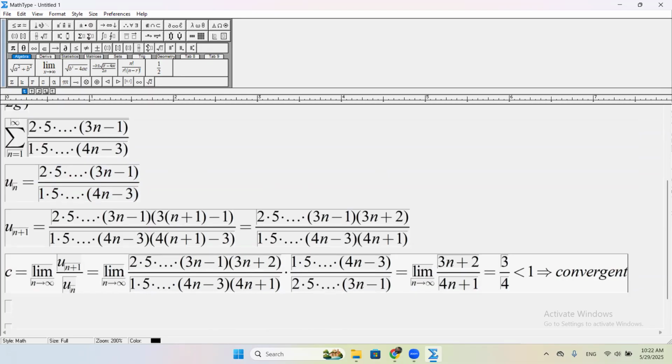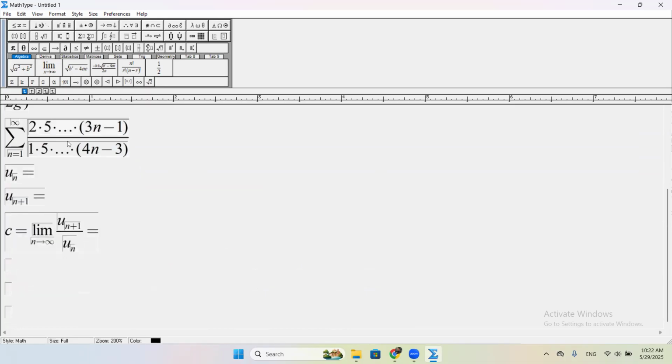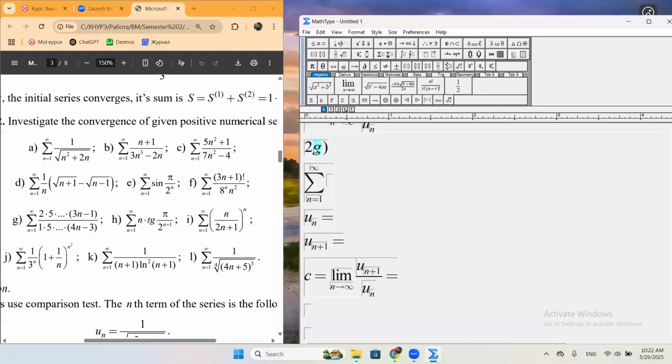Any questions about this exercise? Okay, I guess that no questions, so moving to the next. So 2h. One more exercise for D'Alembert test, then we will use other tests.